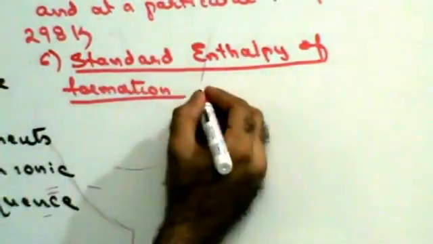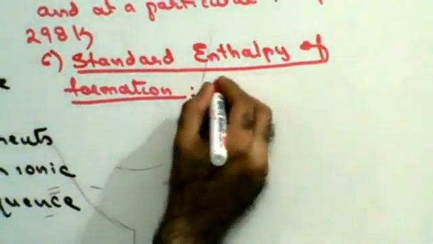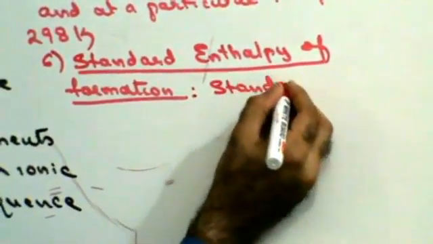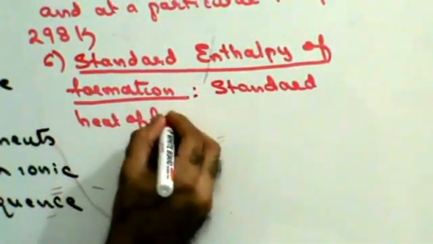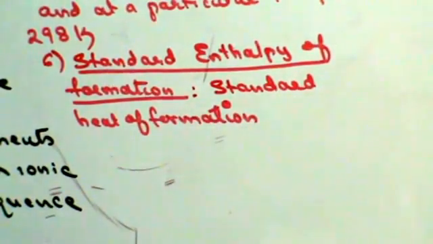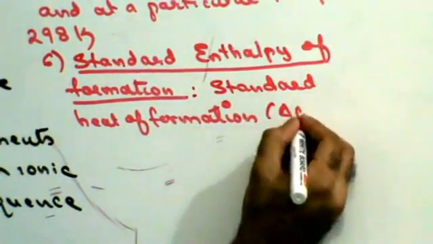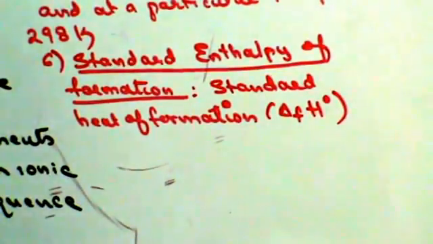It's also called standard heat of formation. When you are doing numericals, instead of calling it standard heat of formation, they may even call it heat of formation, and it is represented as this. This is your representation for it, right? Now, what do you mean by heat of formation?